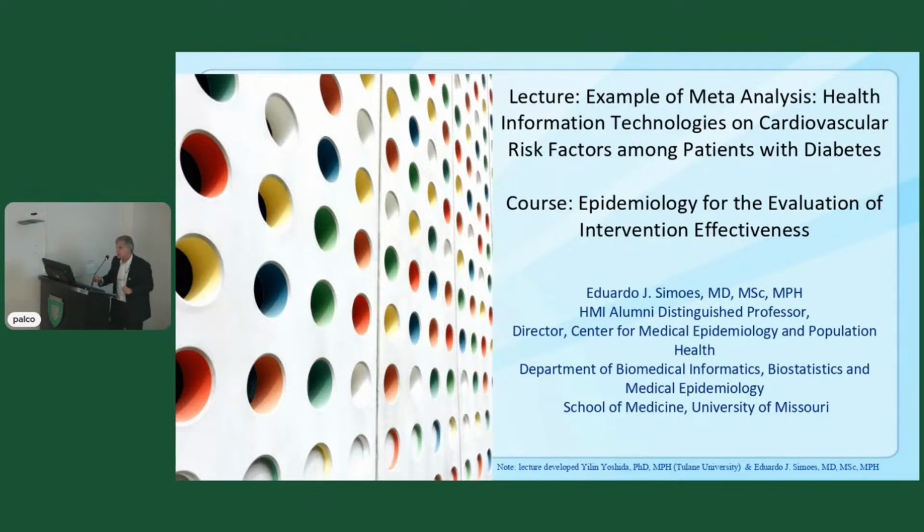So here's a quick meta-analysis on a very simple concept. Does information technology, health information technology, an app, a combination of an app with cell phone use, scheduling through cell phone, a dashboard for the physician, all kinds of possible combinations, versus traditional treatment of diabetes, just asking patients to do the self-care, which is already advanced, or traditional glucose monitoring, take your medication or take your insulin at the right time, okay?